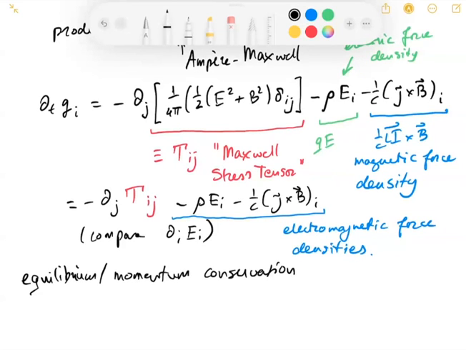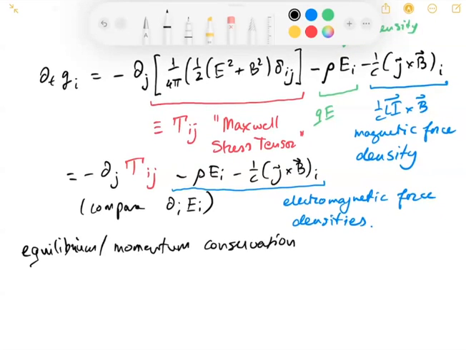Which means, if they're the same, we don't need to actually explicitly calculate the forces, which would require us to know not just the fields, but also where the currents are and where the charged objects are. We can instead, because it's equal to that divergence of the stress tensor, calculate the forces on objects by just taking the divergence of that stress tensor. That's the magic of the Maxwell stress tensor.